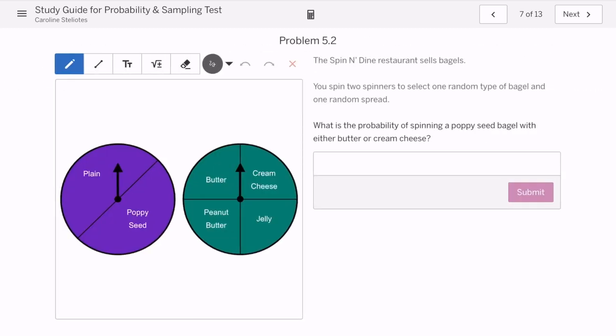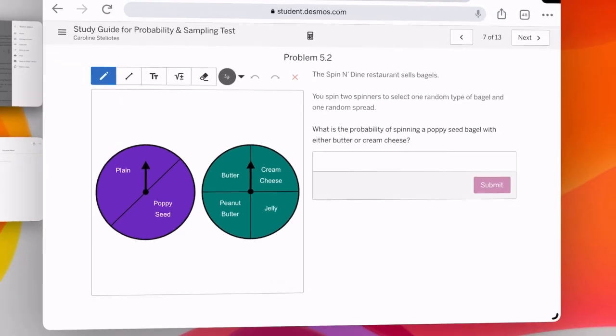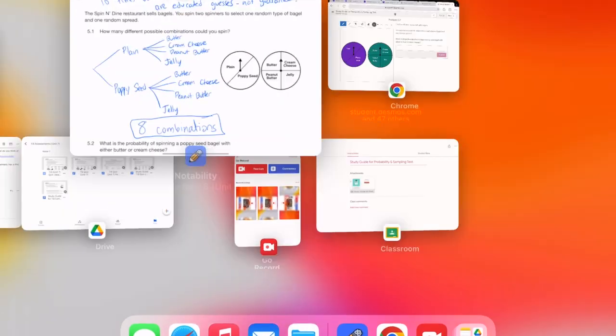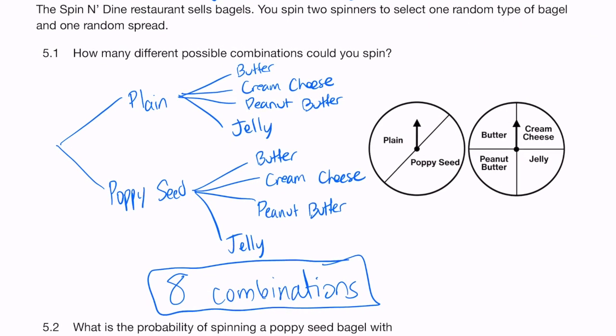Okay, then based on this, 5.2, what's the probability of spinning a poppy seed bagel with either butter or cream cheese? Going back to my scratch work here, we want poppy seed with butter or poppy seed with cream cheese.